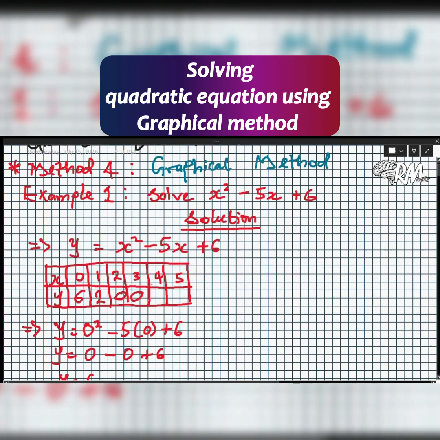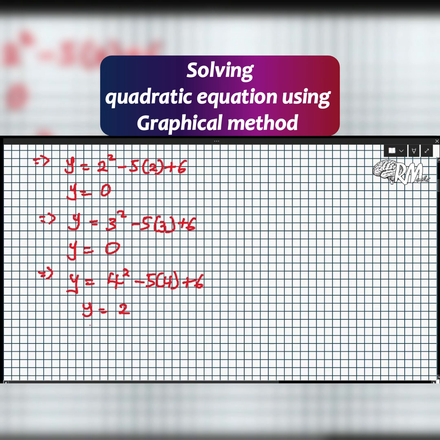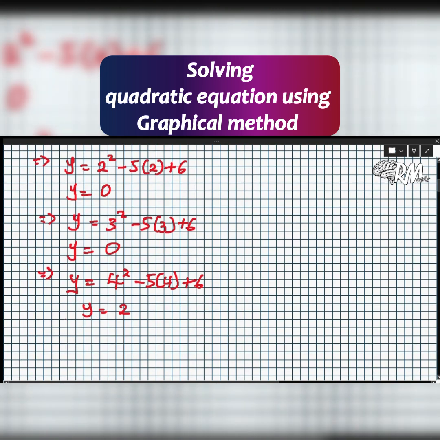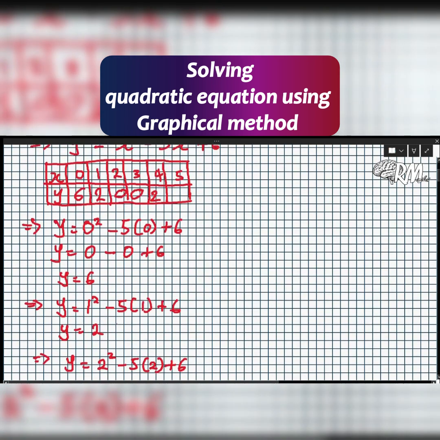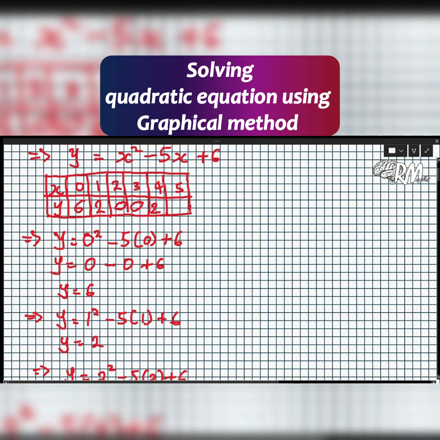So I'll put 2. Then I'll go to the final one, when x is 5. So I have 5 squared minus 5 times 5 plus 6. When you use your calculator or simplify further, we have y equals 6. So now I'll put 6.